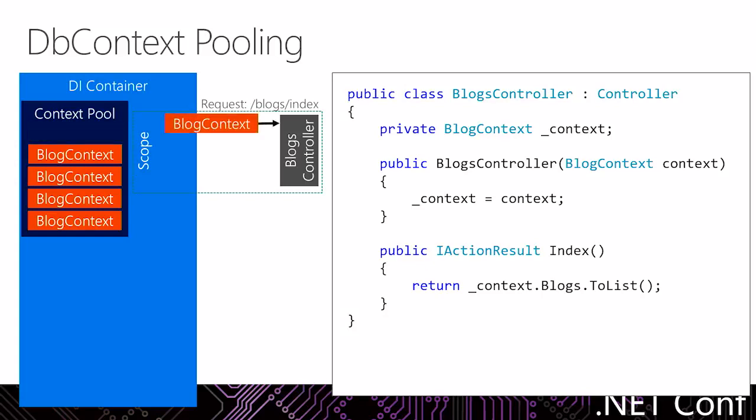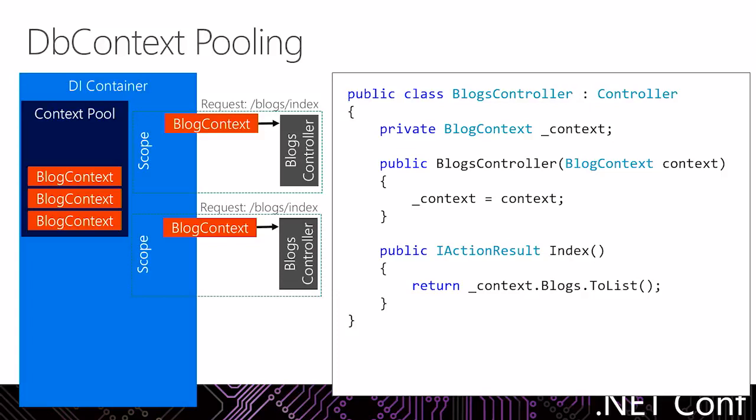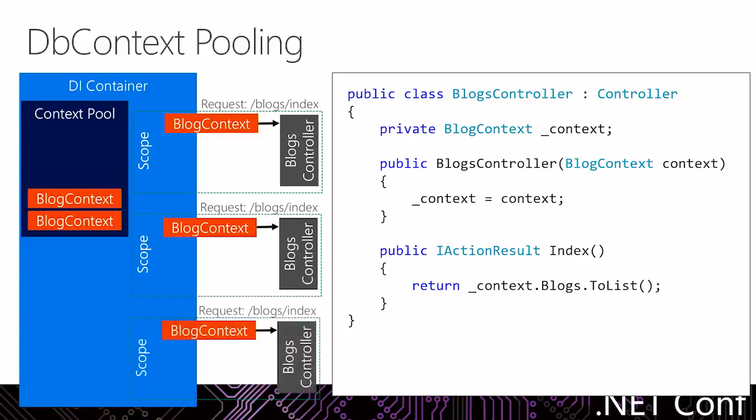Every time there is an incoming request, a new instance of the controller gets created. Instead of creating a new instance of the DB context, we get one from the pool. And we do that again until we empty the pool, I guess. So if we have connection pooling, why would we need context pooling? I guess the answer is that the DB context has a bunch of dependencies.